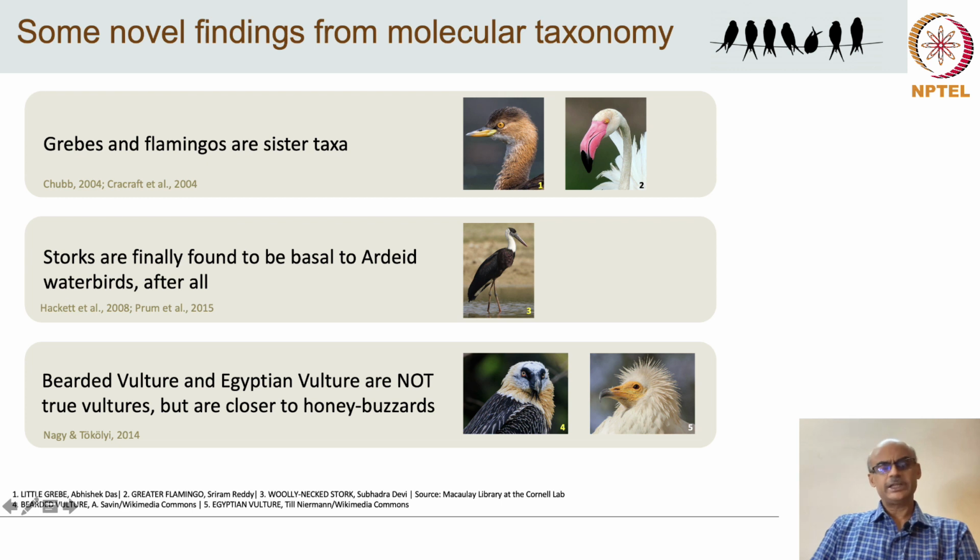And very interestingly, among the raptors, the bearded vulture or lammergeier, which we find in the Indian subcontinent along the Himalayas, and the Egyptian vulture, which can be found on mainland India, are not true vultures, but are very close to the honey buzzards and buzzards, the other raptors. Perhaps they developed their scavenging behavior through a process of convergence.